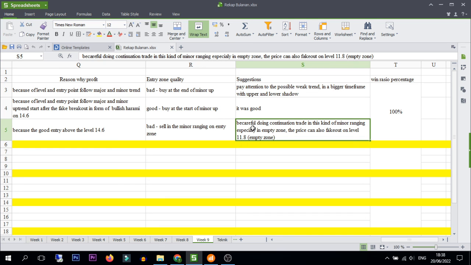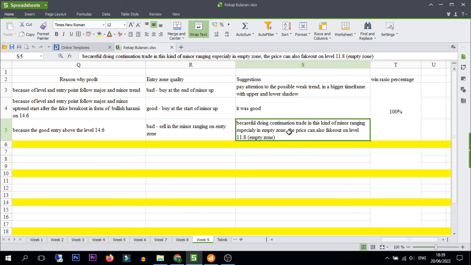And number three was be careful doing continuation trade in this kind of minor ranging, especially in empty zone. Okay, empty zone is the zone in between 0 and 23.6, and also the level of 61.8 and the 0 of 100. That is kind of empty zone.